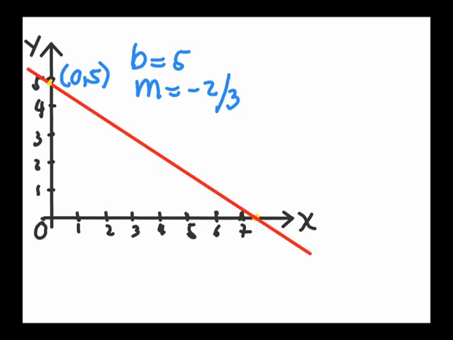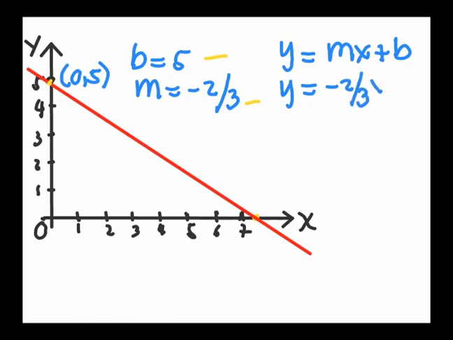Now, we can do so by capitalizing on the slope-intercept form of the equation of the line, given by this equation, y equals mx plus b, where m is the slope and b is the y-intercept. Substituting the values of m and b, we'll now have y is equal to negative 2/3 of x plus 5, right?